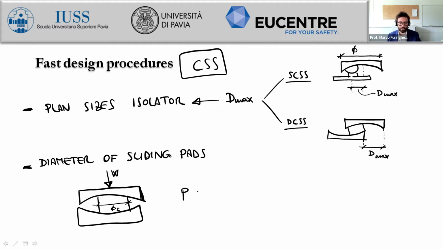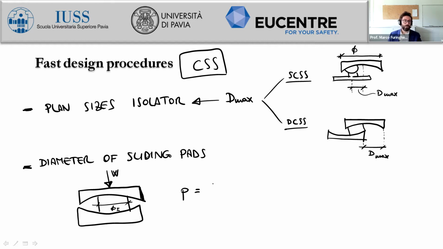We can compute a pressure, which is the internal contact pressure, the average one, because then there would be some variation in the distribution of the contact pressure. We had the occasion to provide some experimental evidence of such distribution at zero displacement configuration of the prototype of device that I've shown. There are some details in some of my papers, especially one of 2019 in the journal Soil Dynamics and Earthquake Engineering.